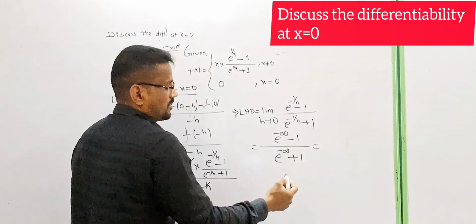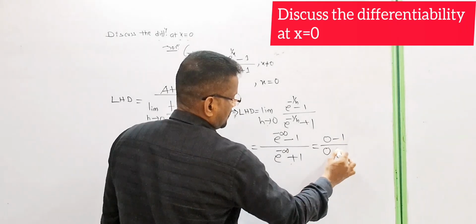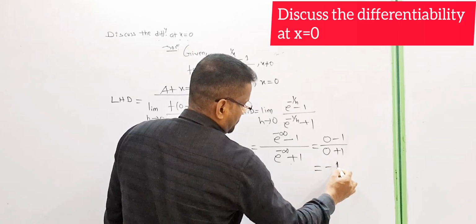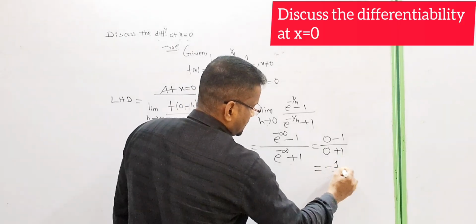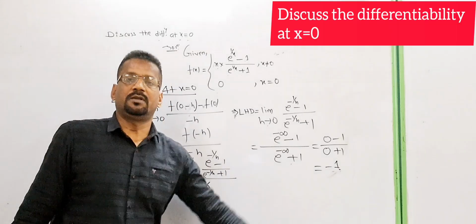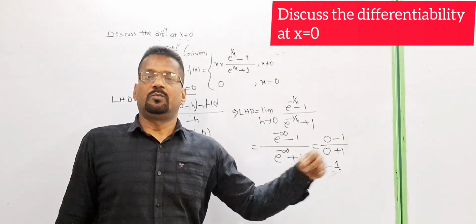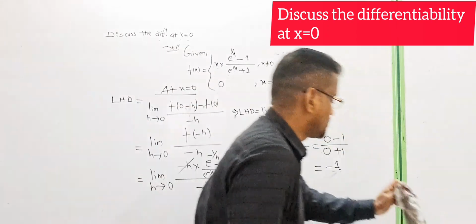Now e to the power negative infinity is 0, so 0 minus 1 in the numerator and 0 plus 1 in the denominator, which is equal to negative 1. So your left hand derivative is negative 1. Now you have to calculate the right hand derivative. If both the values are the same, then it will be differentiable, otherwise not.